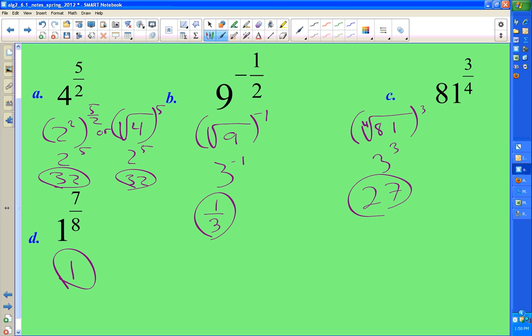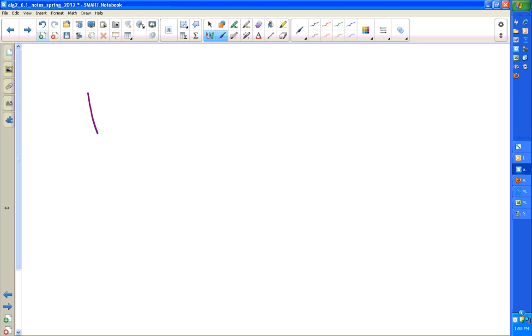Anyway, on A, why didn't you write 2 as the index? Because it's always square. Nobody writes 2 as an index ever. Remember, when you have this, that means index 2.